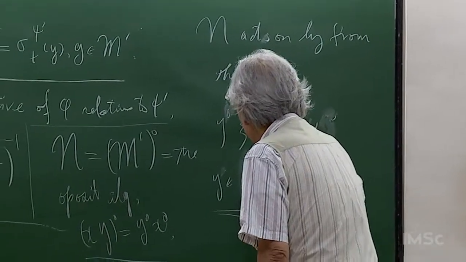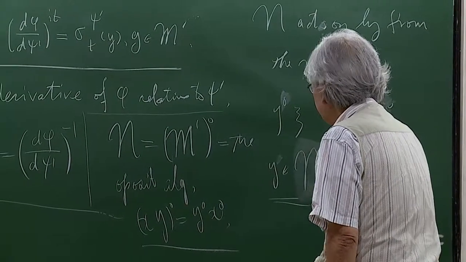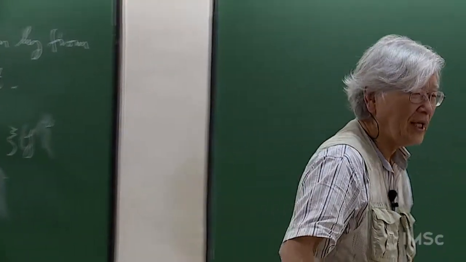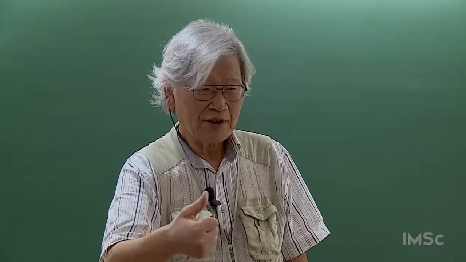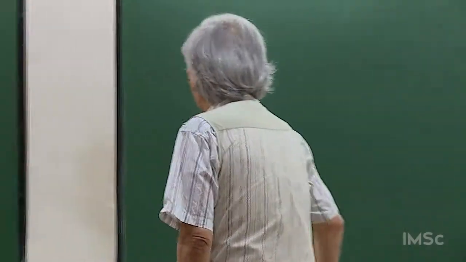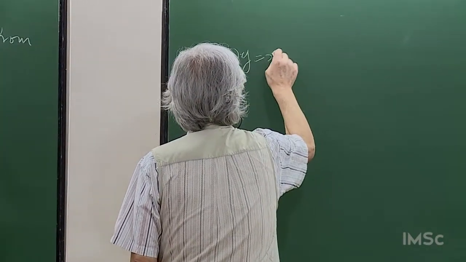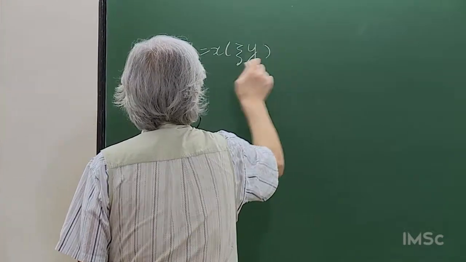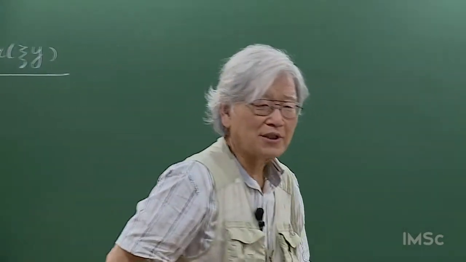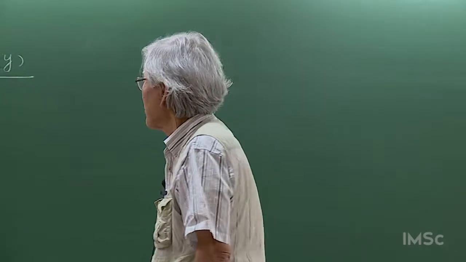In that case, y is in N. The commutativity of M and M prime becomes associativity of the left action and right action, for instance x xi y equals x xi y. That is the commutativity of M and M prime, and N is acting on that.